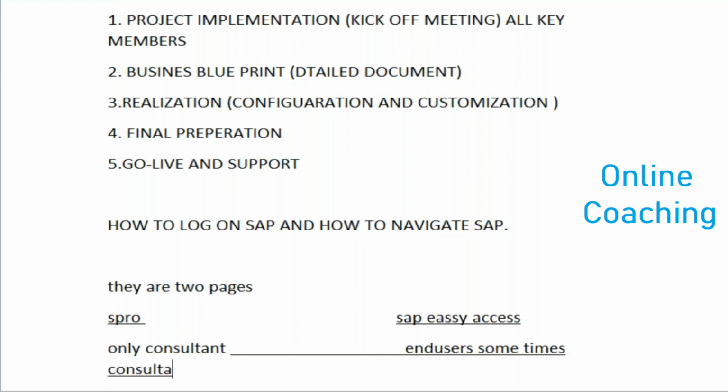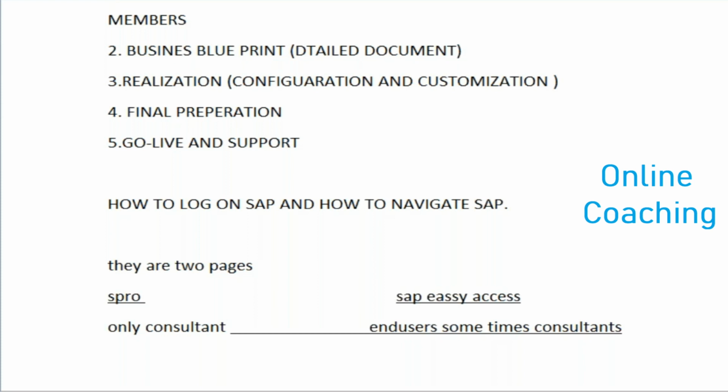So SAP Easy Access is for end users, but SPRO is only for consultants. End users are not allowed; they don't have access. Consultants have access. Got the point?